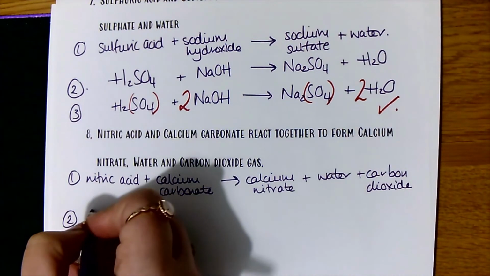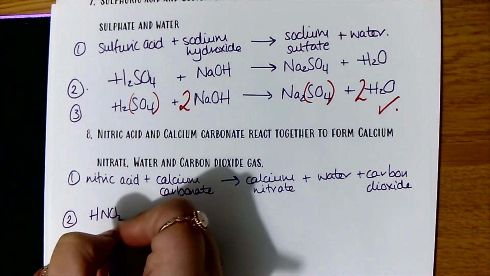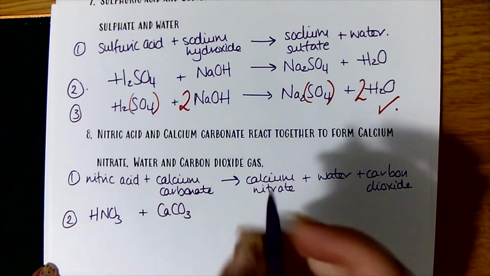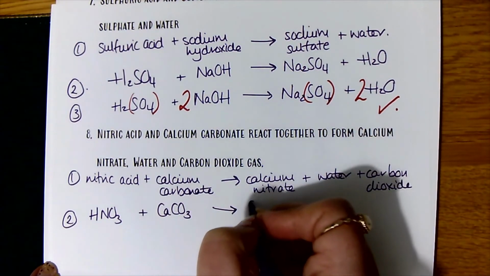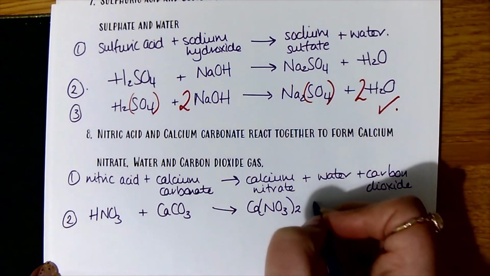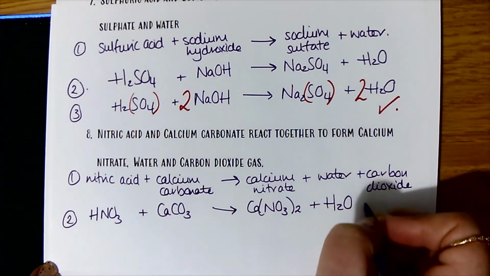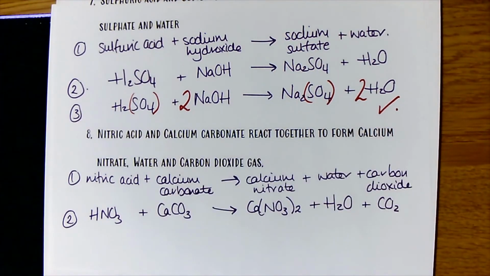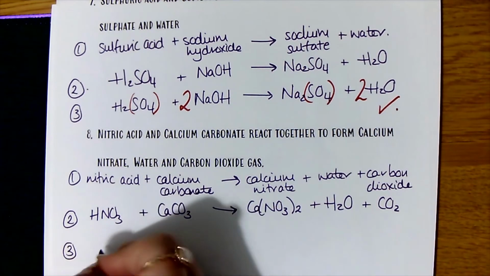Writing this as a formula. Again, the first part of balancing your equation is simply to write it again.